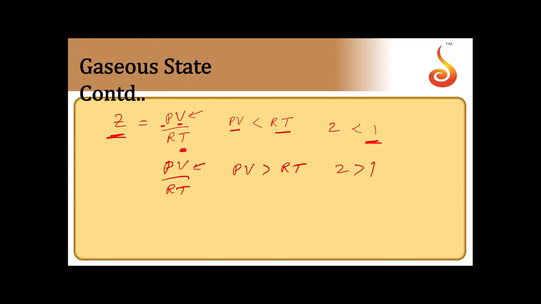That is possible if they are experiencing repulsions. So, when the gas experiences repulsions, Z will be more than 1. When it comes to an ideal gas, the value of Z is always equal to 1 because an ideal gas does not have any force of attraction or repulsion between the molecules.